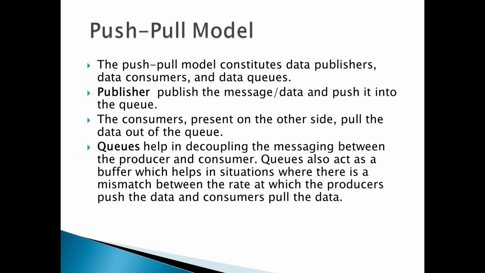The consumers, on the other side, pull the data from the queues. The data queues decouple the messages between the publisher and the consumers. Queues also act as a buffer between the publisher and the consumers.